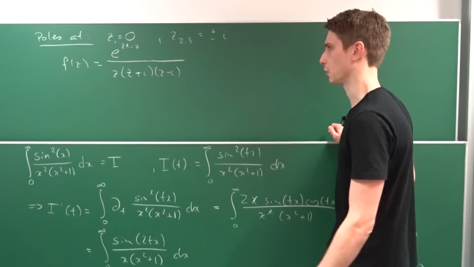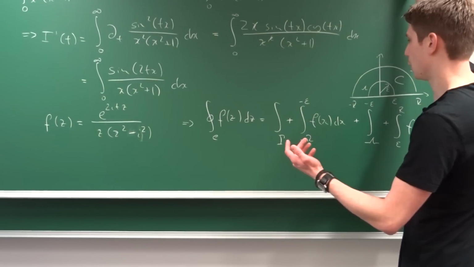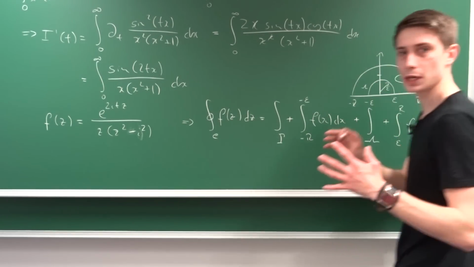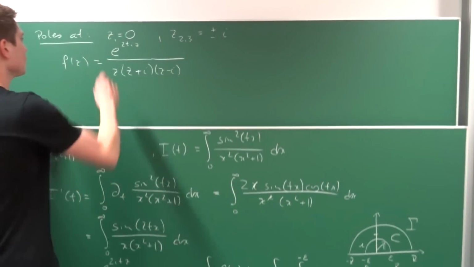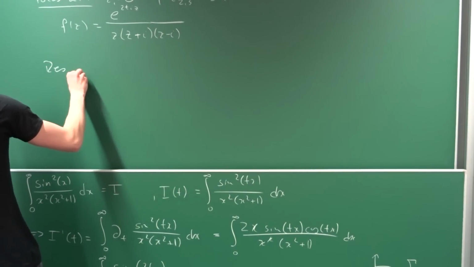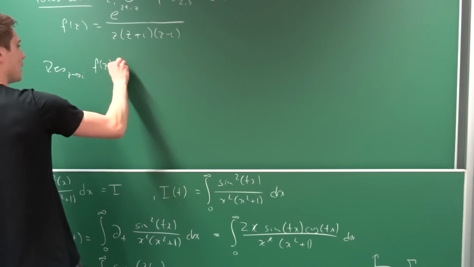Now we have to take a look at the residue. So what is the residue? Right now, we only have a residue at the point i, because this is the only pole that lies in our contour. So let's conclude this. We have the residue when z is going to i of f of z. How does it look?